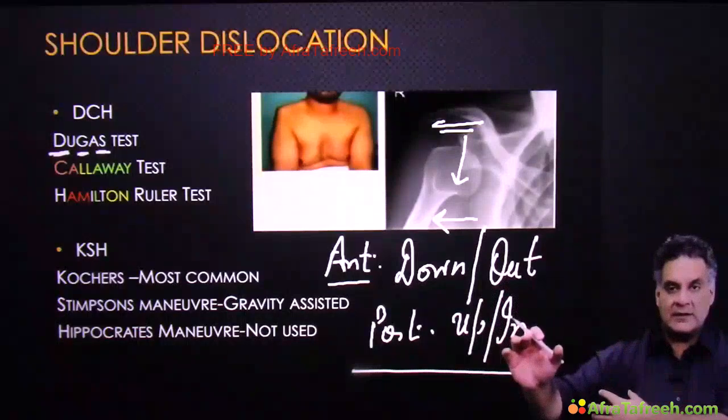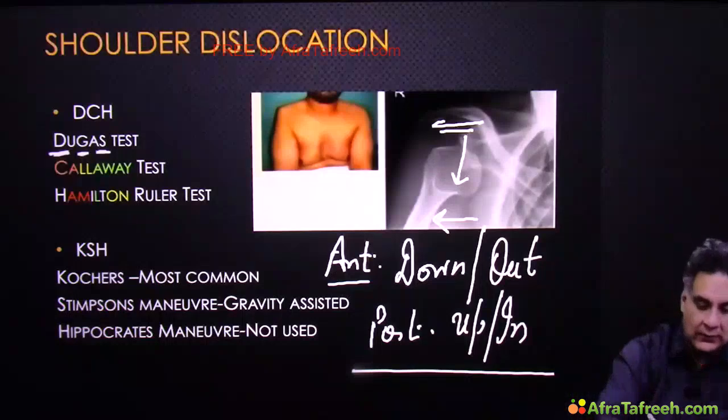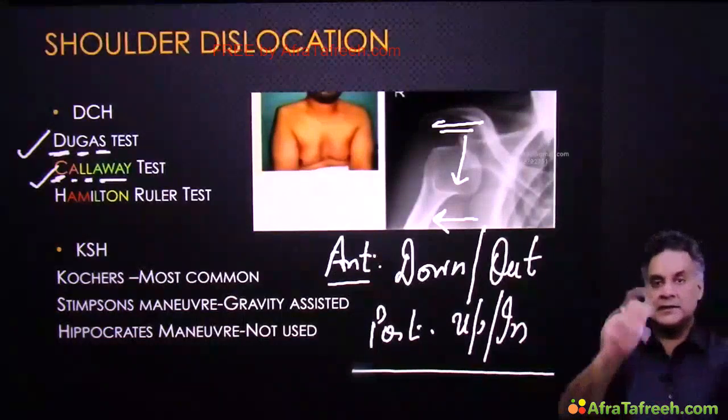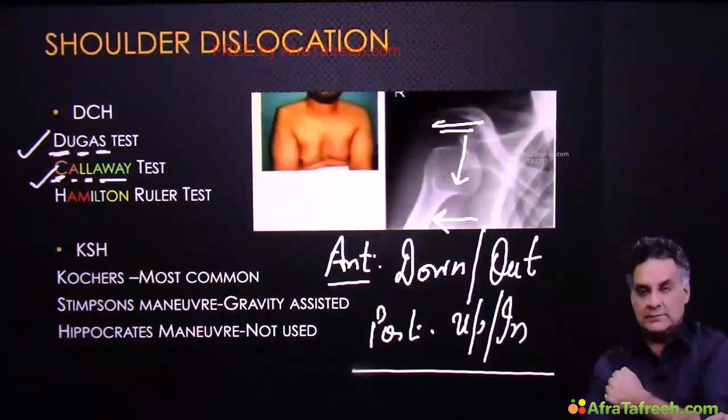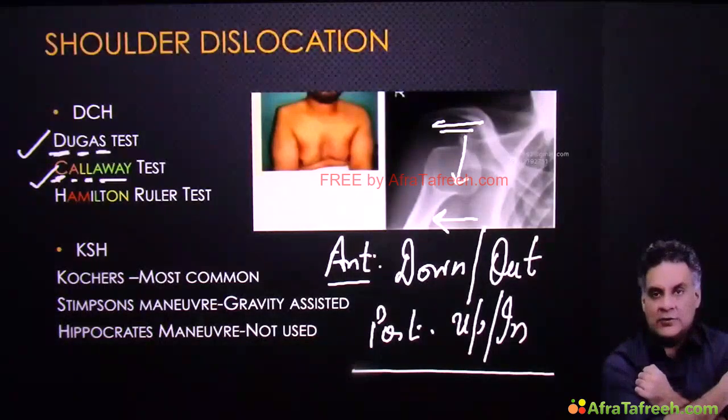Similarly, if you look at the circumference of the axilla, right? So when the head comes down, the circumference of the axilla will be more. So circumference of the axilla lengthens when the head is away. Galloway test. Third, if you place a ruler over the lateral epicondyle, it will be away from the tip of acromion because our head has a contour.